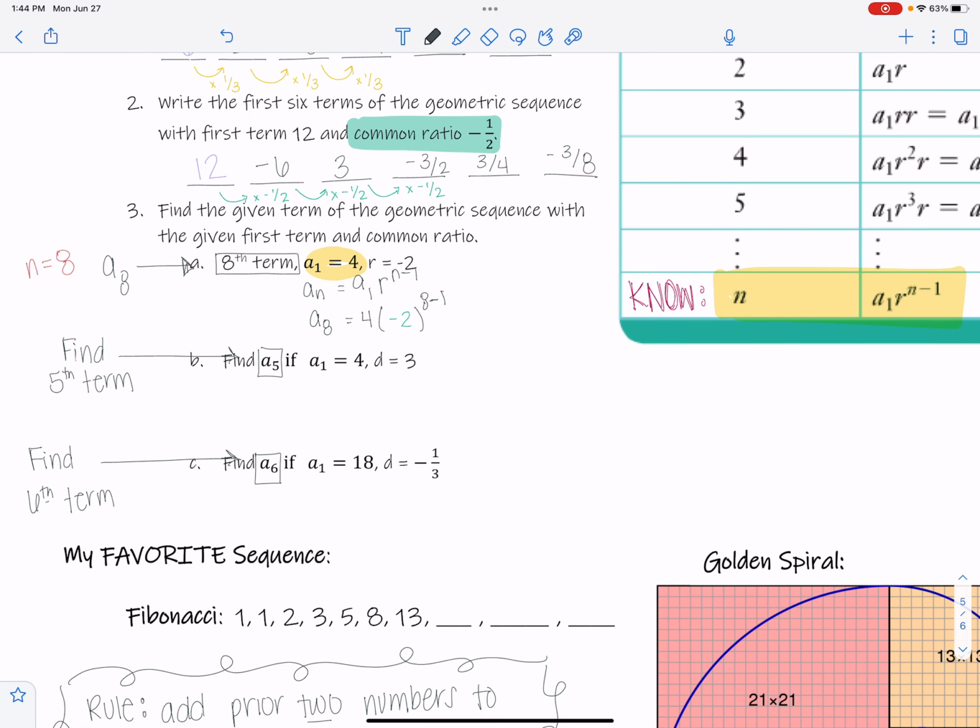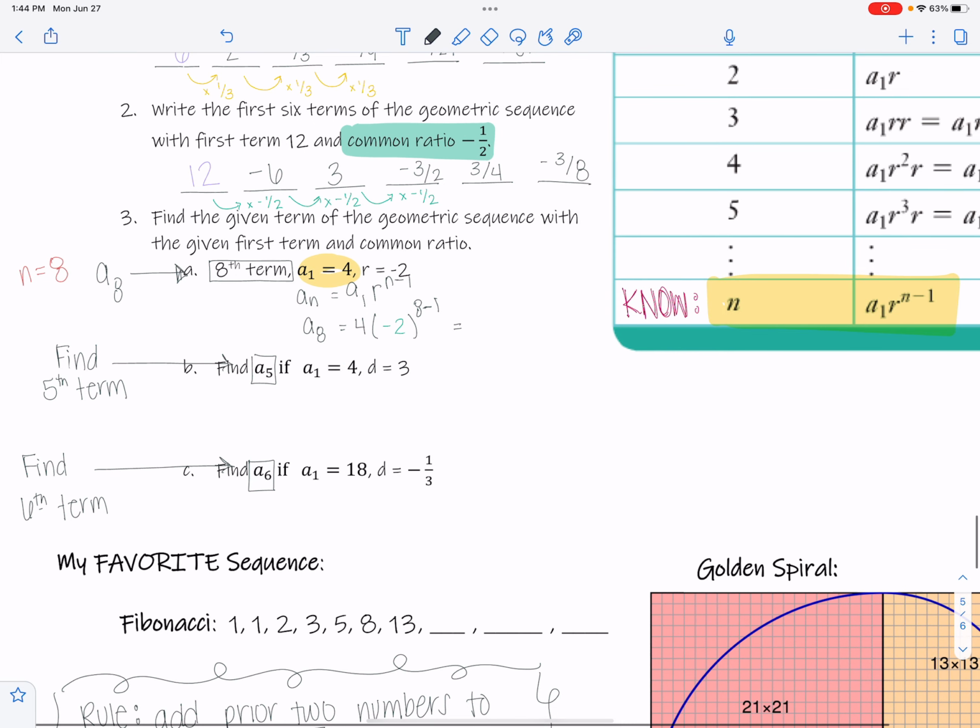Now, a lot of times students want to multiply these two first, but you have to do the exponents first. So I have to take care of this part first, and then I will multiply by 4. 8 minus 1 is going to give me 7.